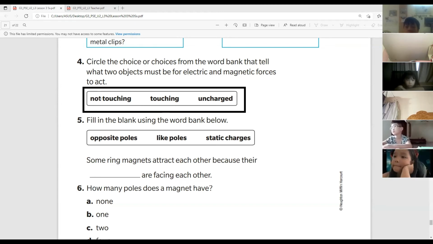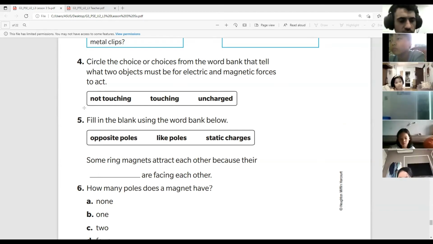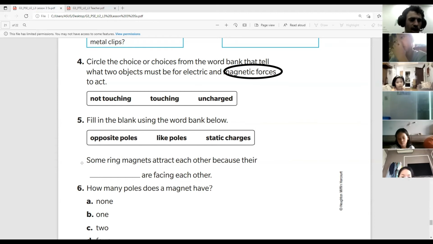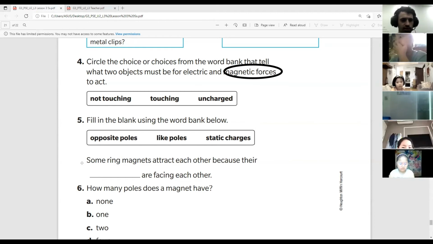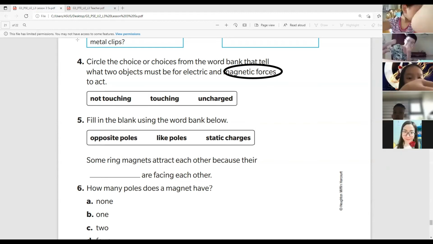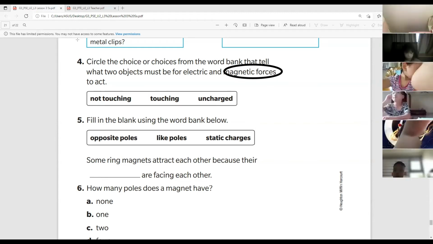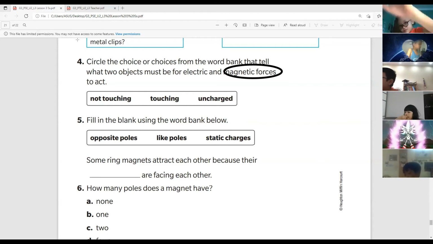Can magnetic forces act on an object when not touching, Taylor? Can they use a force when not touching? Do magnets have to touch to apply their force? Taylor? Oh, did she disconnect?